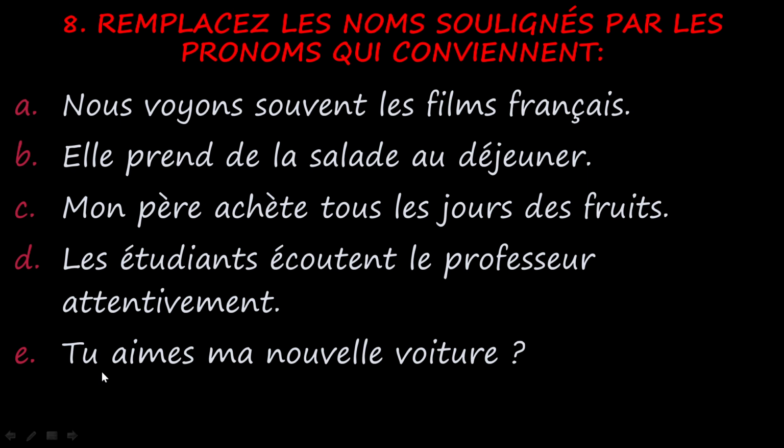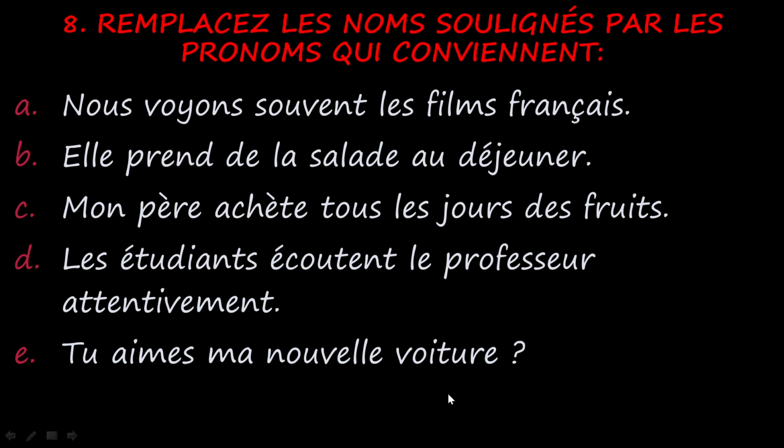So the last one, tu aimes ma nouvelle voiture? You like my new car? You can see after the verb, we've got a possessive adjective, right? So mon, ma, mes. And so what pronoun will we be using? The direct pronoun. Le, la, l'apostrophe, les. Ma nouvelle voiture, is it singular or plural? It's singular.